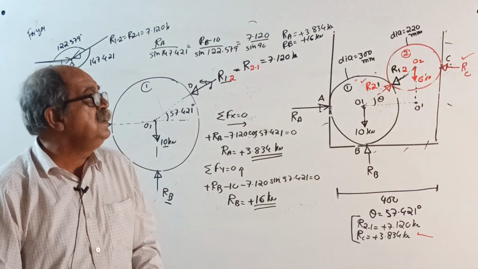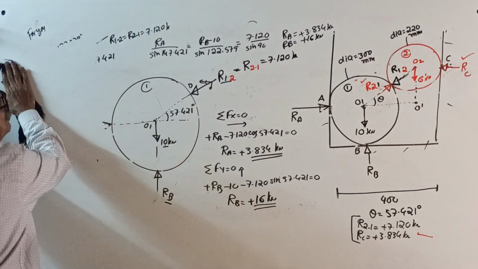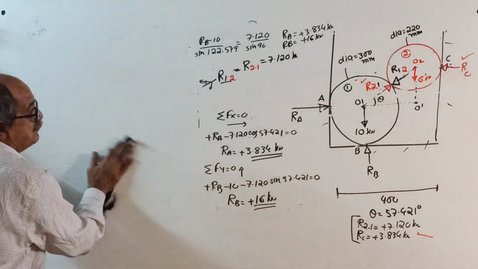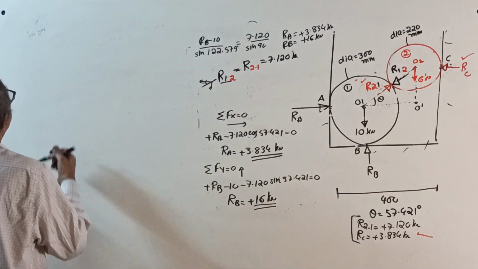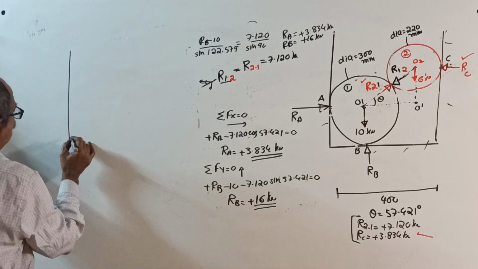Now, one very important concept. I will put the final answer if you want. I will write the final answer to understand. See. Therefore, you can tell here the reactions are how.